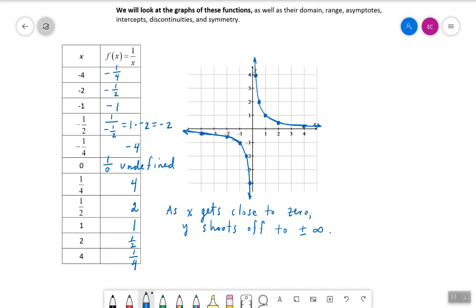We could also write that a little more succinctly. We could use some symbols that you might remember from a previous section. We could say as x approaches 0, y approaches plus or minus infinity.